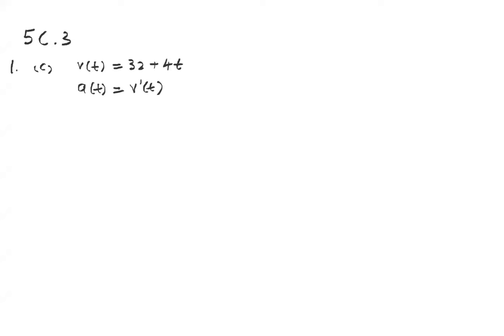You differentiate and you get 4, so it's always 4 meters per second squared. Does it depend on t? Whatever time, correct? If I now draw the graph of a(t), the graph will look like that, always 4. Does it change with time? It doesn't.